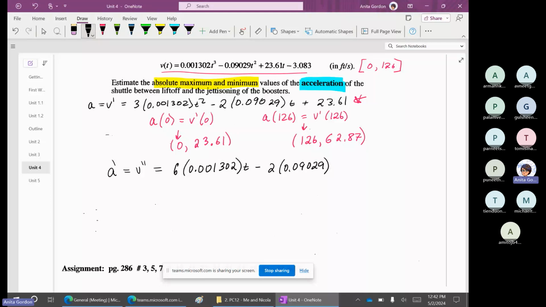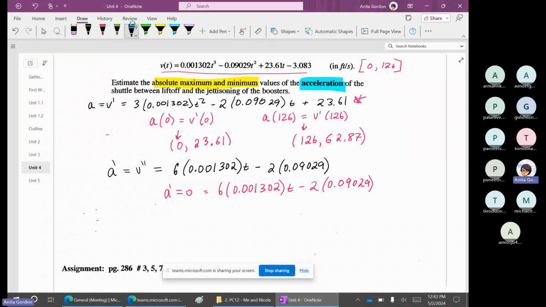So a critical point occurs when A prime is 0. So what I want to do is take this equation and make it 0. What kind of equation do we have here? Linear, cubic, quartic. Linear. Oops, that should have been a 9 there: 0.09029.